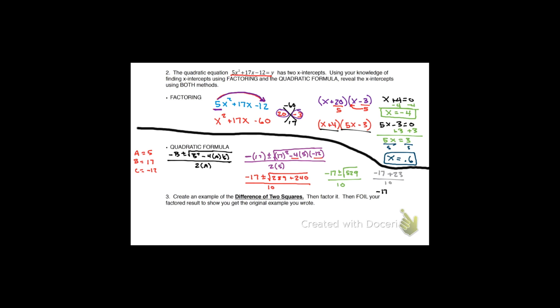The square root of 529 is 23. Okay, so we have -17 plus and minus 23, divided by 10.